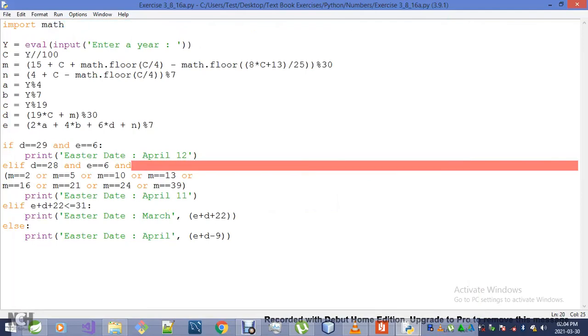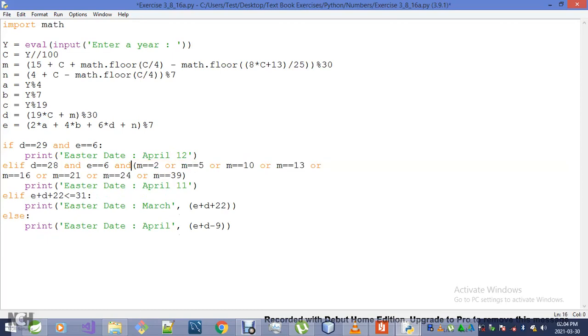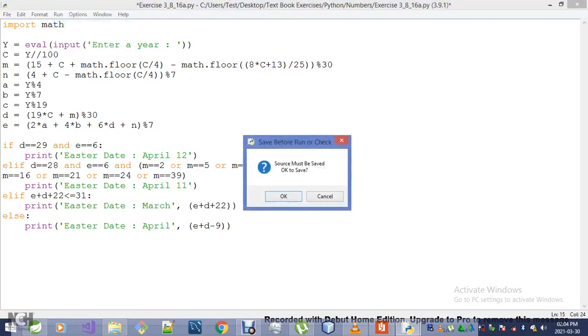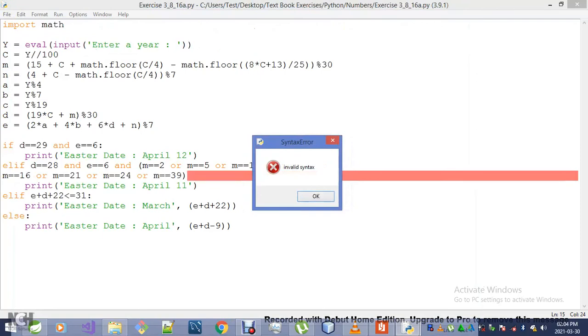Okay, I'm saying else if D is equal to 28 and E is equal to that, and M is one of those values. What seems to be a problem here?